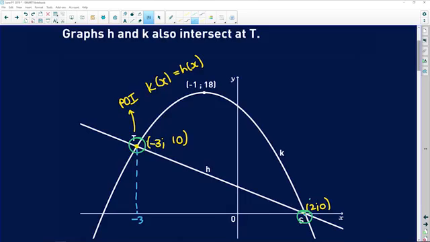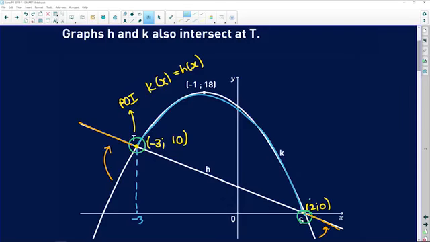So between negative 3 and 2, we've got the parabola sitting above the linear function, okay? So that doesn't help us. We need to have the parabola sitting below the linear function. If you look over here, our linear function over here sits above the parabola. And over here as well, the linear function sits above the parabola.